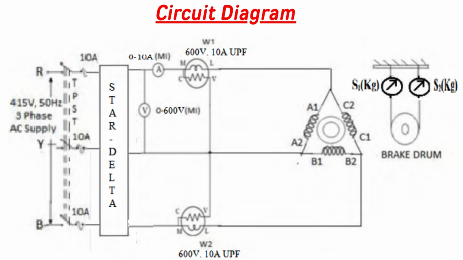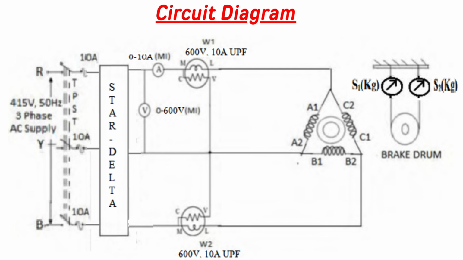TPST means triple pole single throw, which is connected to a fuse of 10 amperes. The fuse is to protect the equipment against overcurrents. Here our equipment is a three-phase induction motor, which is protected with the help of a 10 ampere fuse in each phase.